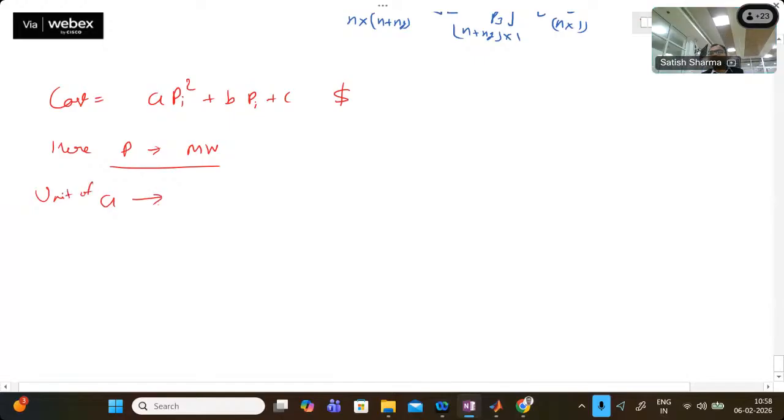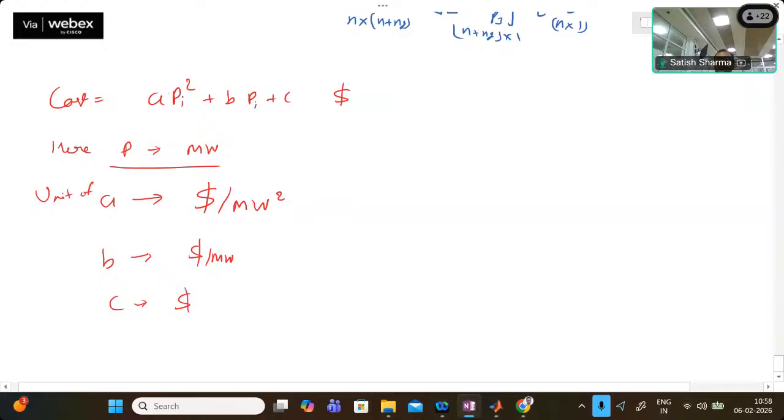Can somebody tell me? If the cost is obviously in dollars and P is in megawatts, then what will be the unit of A? Should be dollar per megawatt squared. B will be dollar per megawatt, and C will be in dollars.